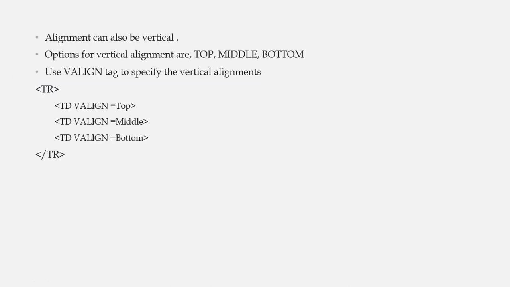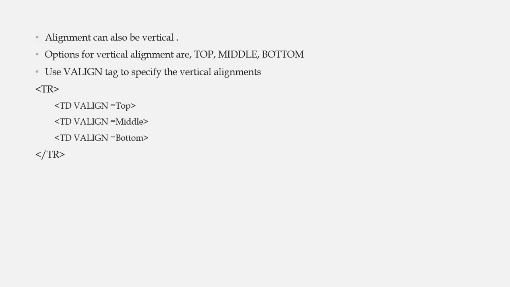Next, alignment can also be vertical. For vertical alignment we can specify the values top, middle, bottom. I'll give you one example code. To specify the vertical alignment you need to use the valign attribute.